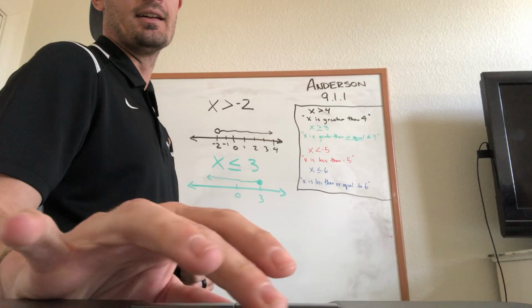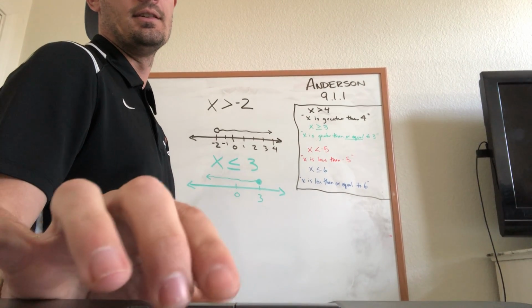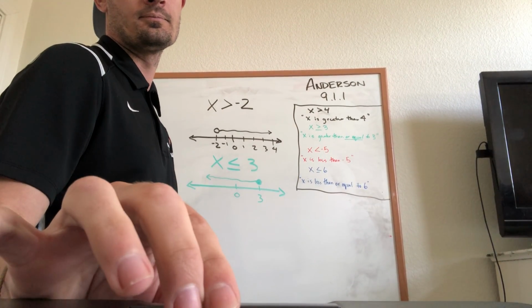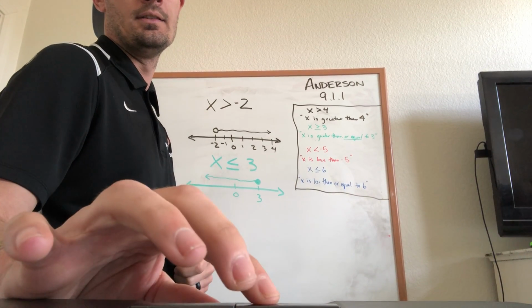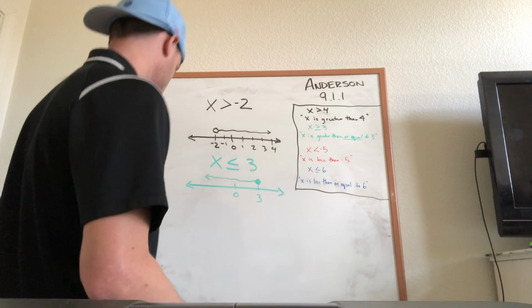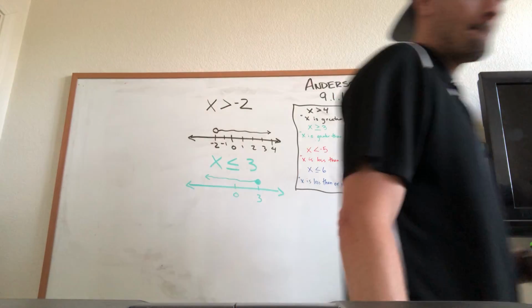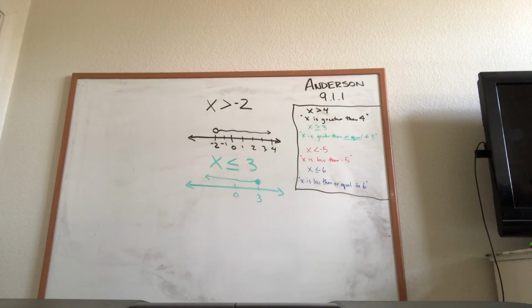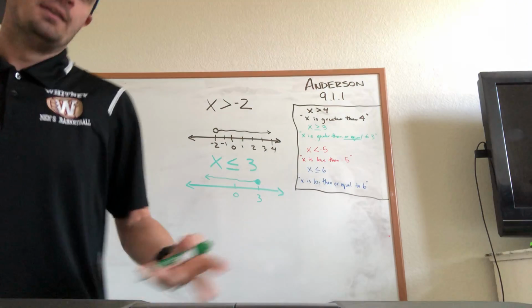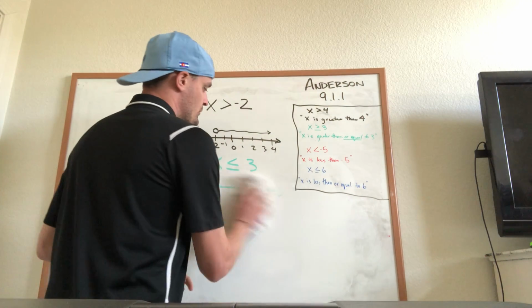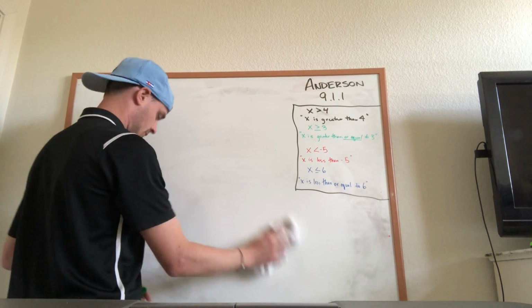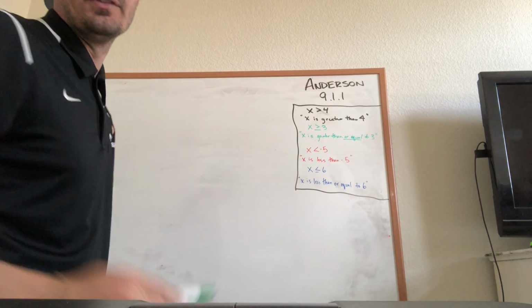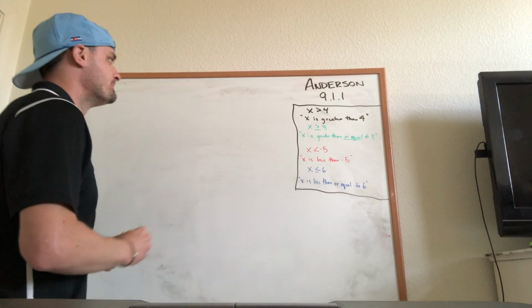Taking a look at the classwork. I'm going to jot them down so we have an idea. They make you go the opposite way. They give you the graph, and I'll just go through. So this is going to be 9-3.